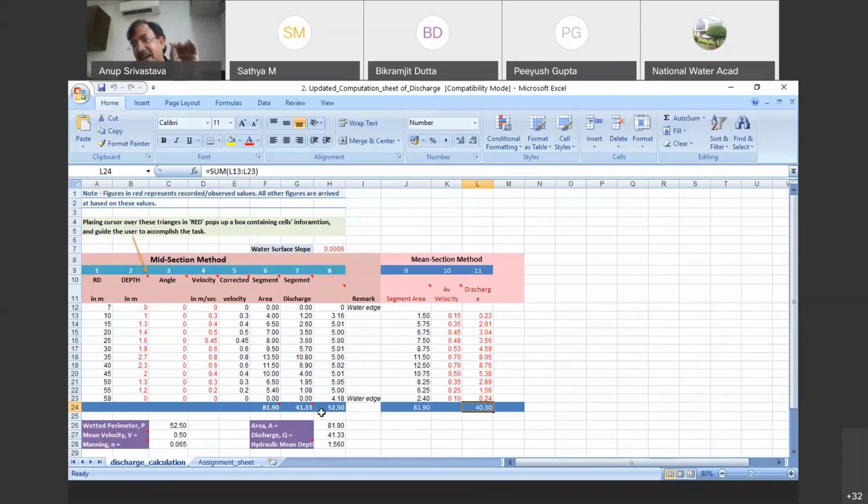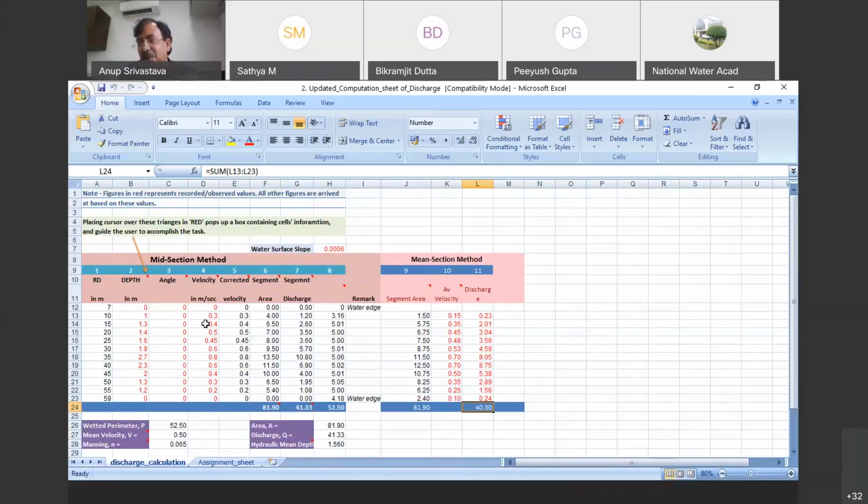What is important is to always ask your discharge measuring team to measure the positions of these verticals as accurately as they can, and to make the depth measurement at verticals, as well as the velocity, as accurately as they can. These are the functions that the measuring team carries out in the field, in the real world.